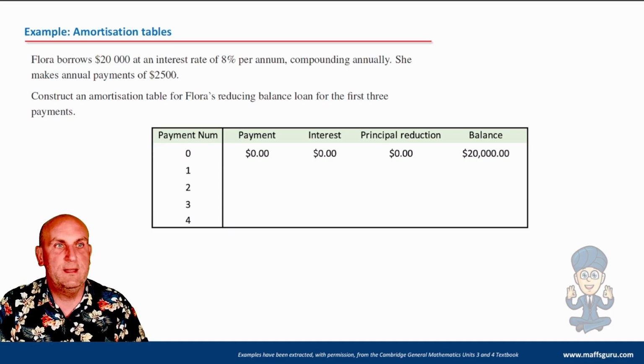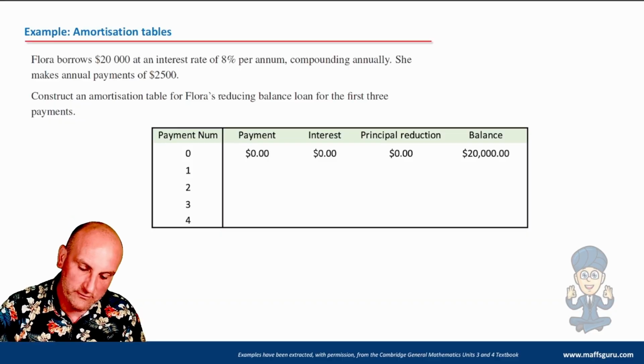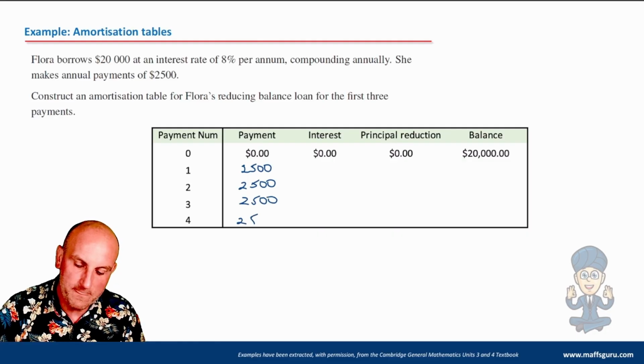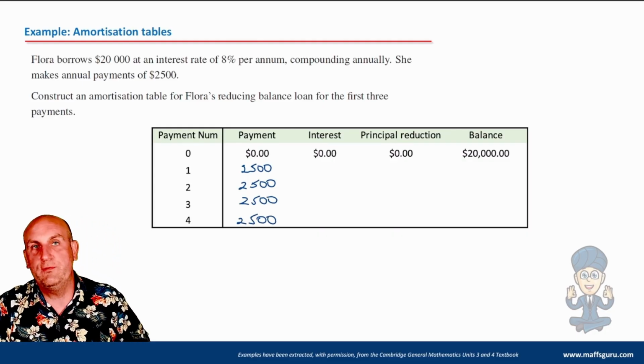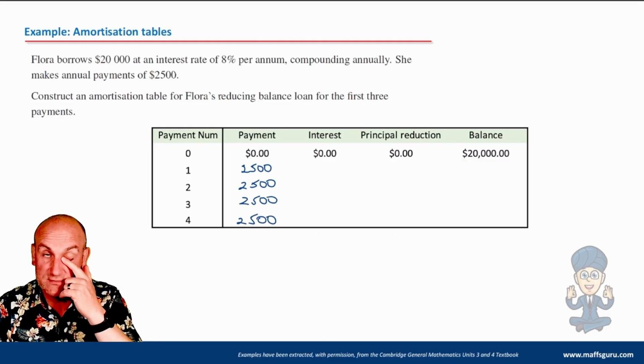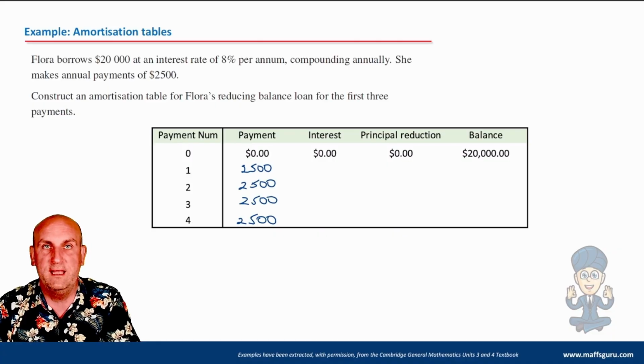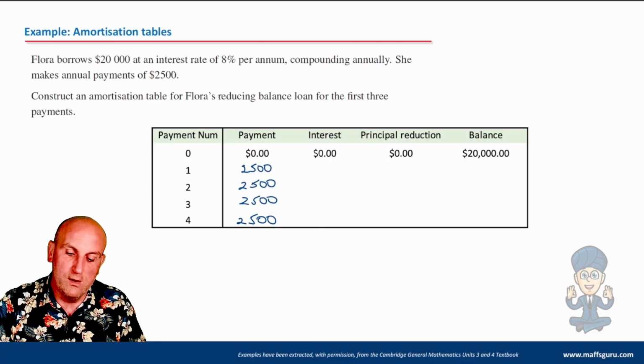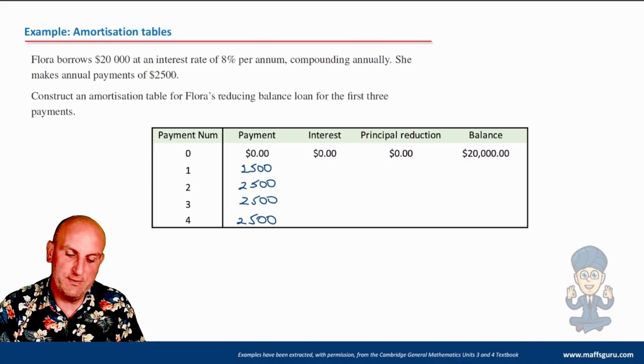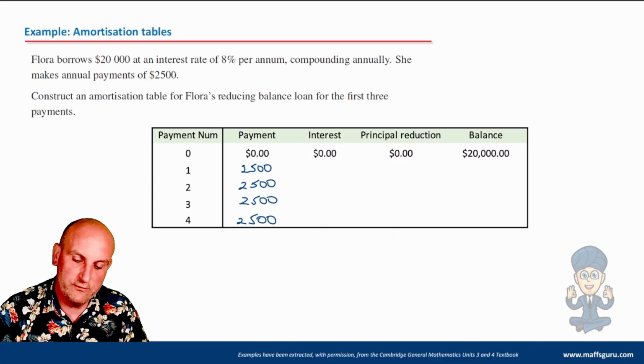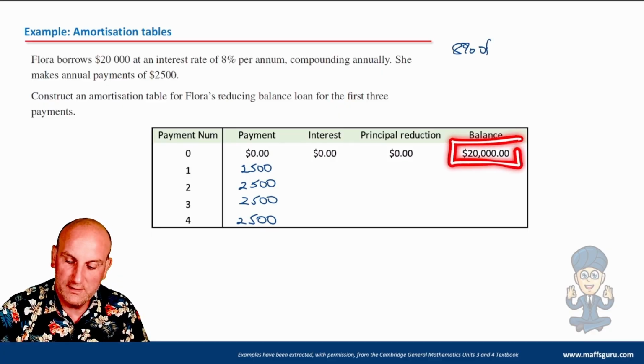So she makes annual payments of $2,500. The first thing is, all of these payment values are going to be $2,500. Now, don't think that the interest is the same. It isn't. Remember, the interest changes with the balance. So, 8% per annum compounding annually. The first thing I want to do is work out 8% of the balance, 20,000.